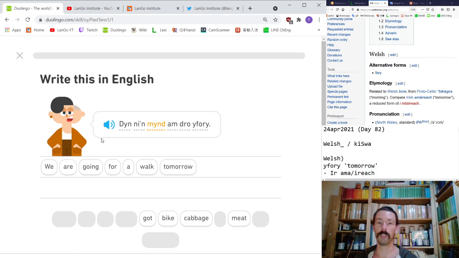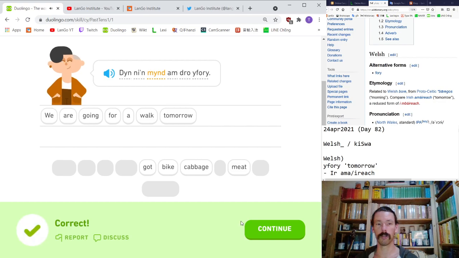Dyn ni'n mynd am dro yfory. Dro yfory. Dyn ni'n mynd am dro yfory. Verb comes first. It's to be. So we are is the first phrase.